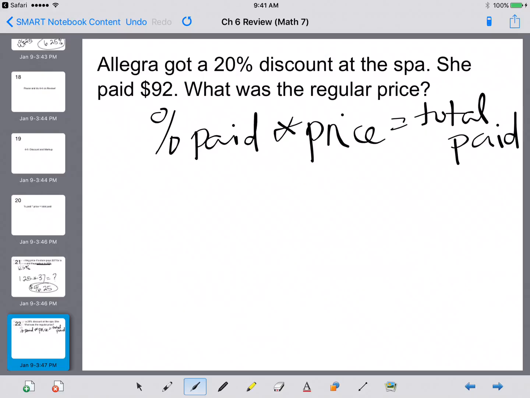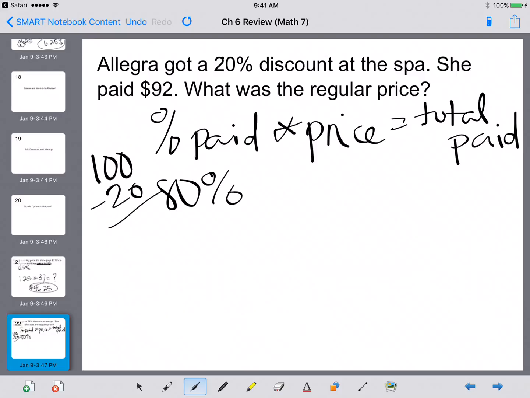So if she had a 20% discount, that means she paid less than 100%. She got 20% off. So the percent that she paid would be 80 because it's 100% minus her discount of 20% gives you 80%. We're going to write 80 as a decimal, so 0.8 times the price, the original price.